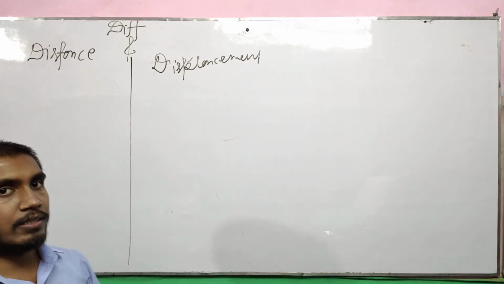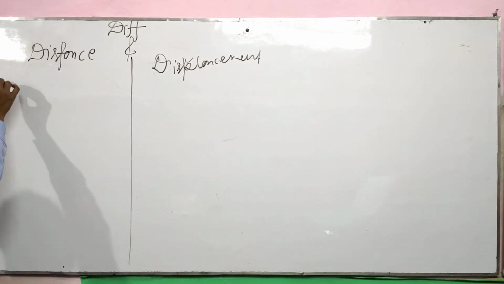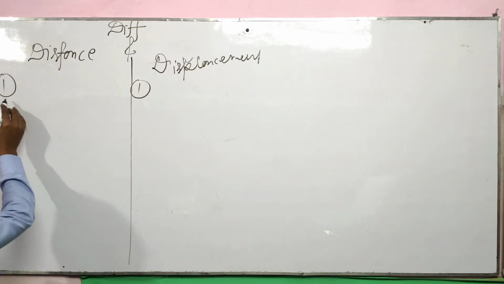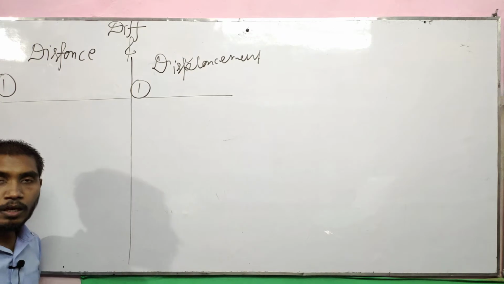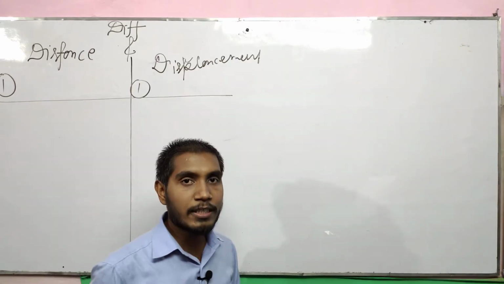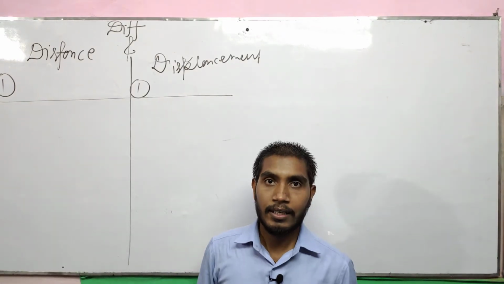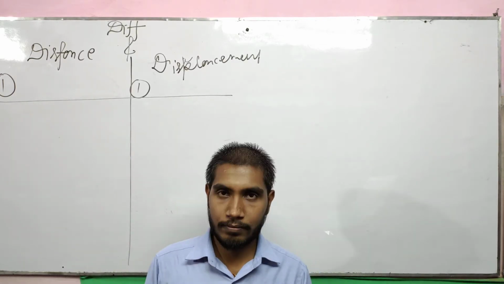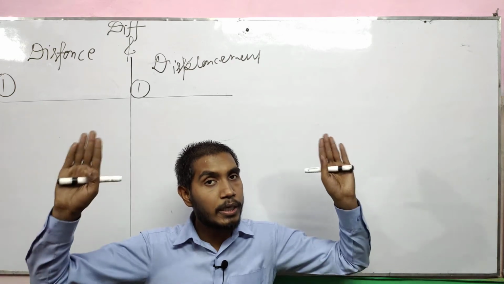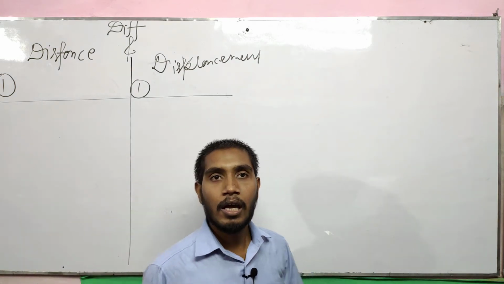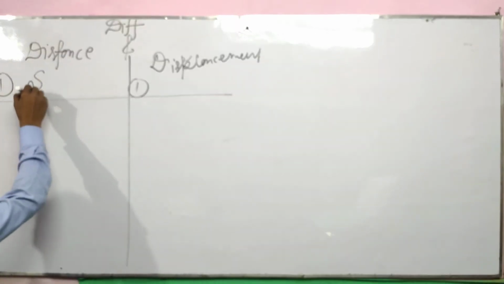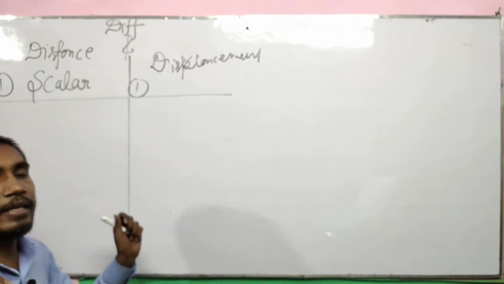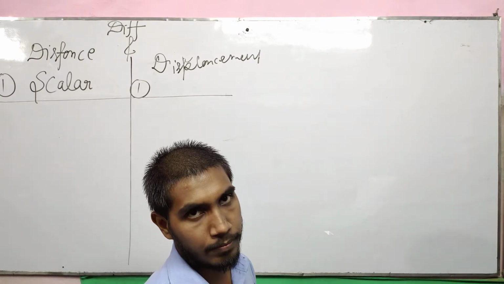What is the first difference? First difference, very easy. Distance is a scalar quantity, it has no direction.